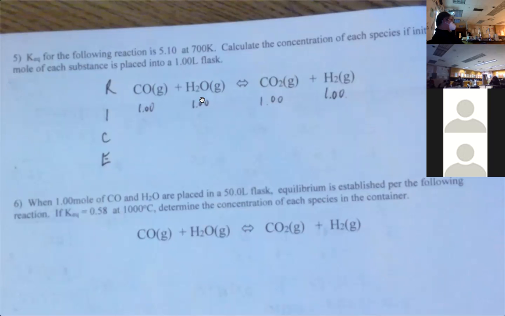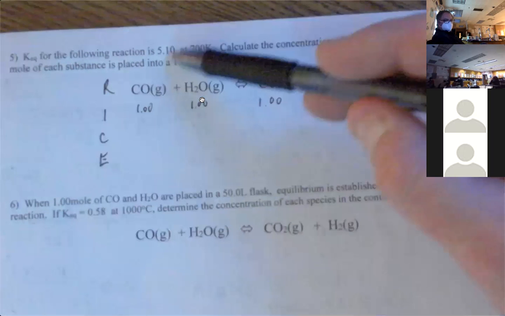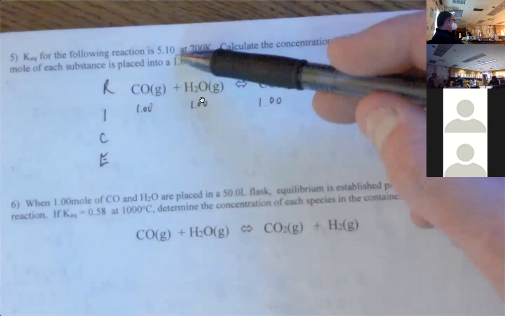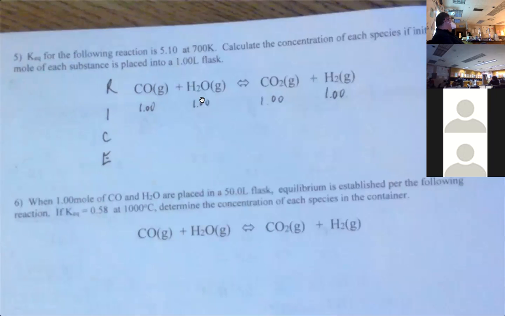We should have more what at equilibrium for this? You should have more product, because the K sub EQ is 5.10. That's greater than 1. We should have more product. So which reaction is going to be favored? Forward reaction will be favored.